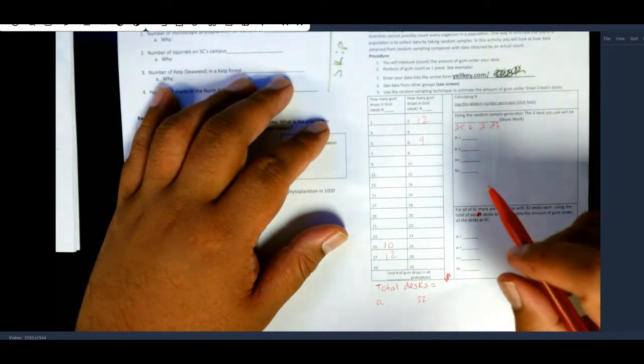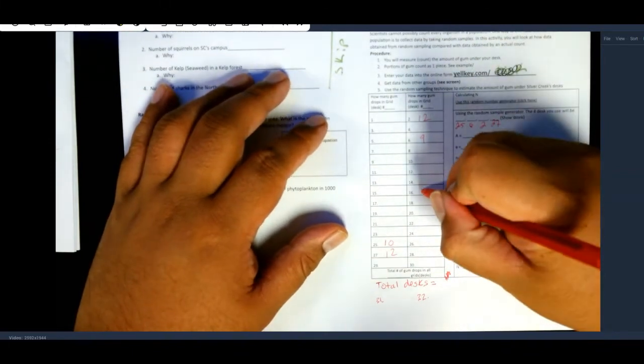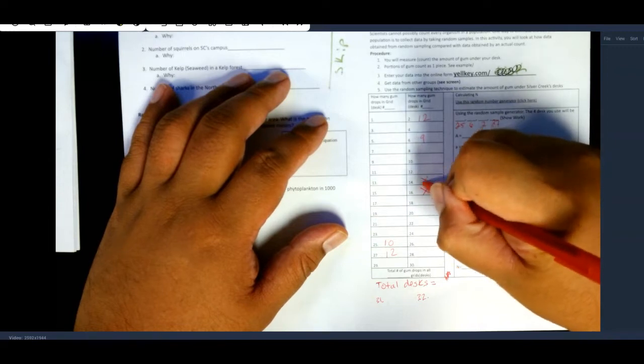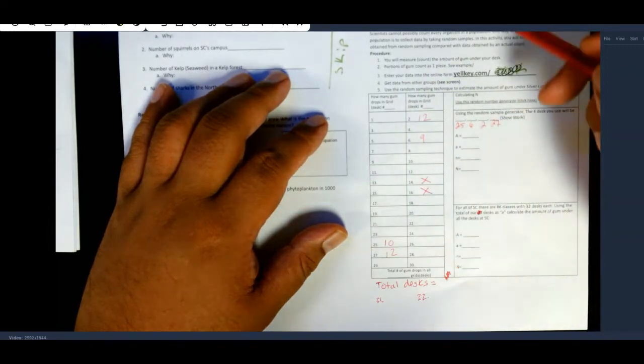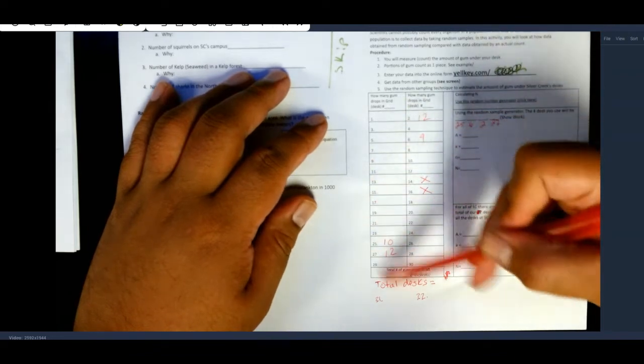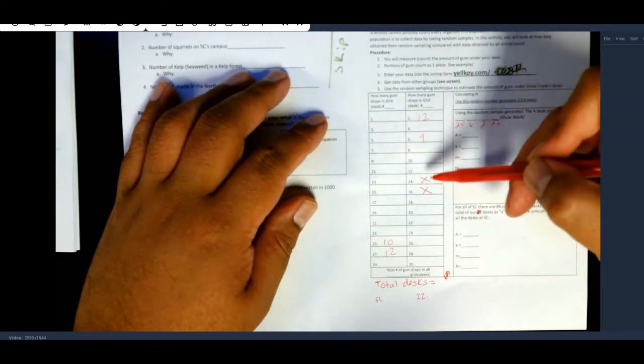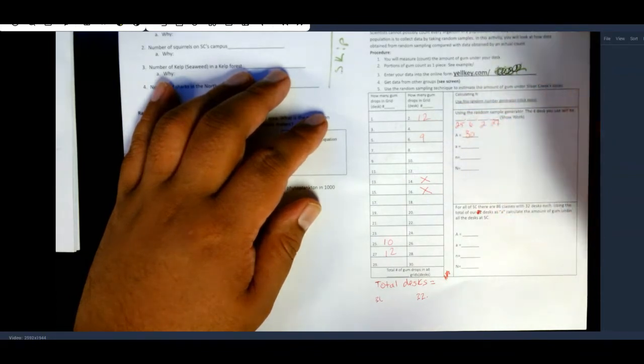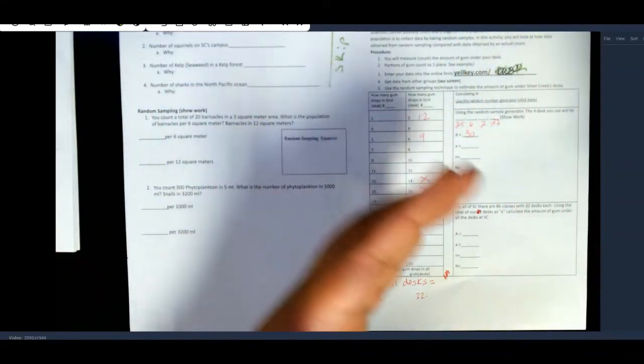So let's just say we didn't have data for desk 16 and we didn't have data for desk 14. So how much data did we have? Since we had no data here, no data here, that means our big A was 30. Again, this will vary class to class.